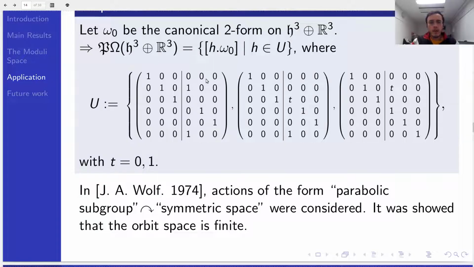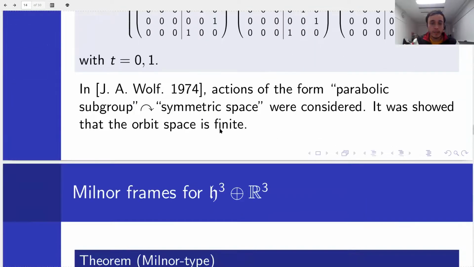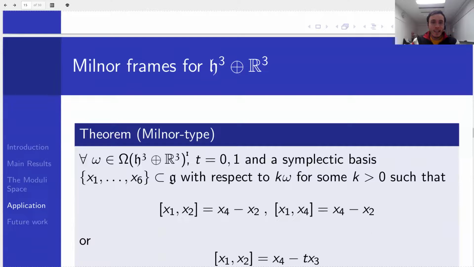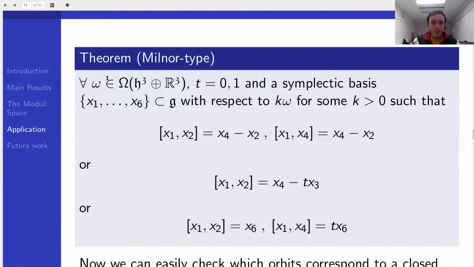When we have this expression for the moduli space and this set of representatives, we can give the Milnor frames. This kind of theorem is what I mean by a Milnor type theorem. Let's see what this is saying.